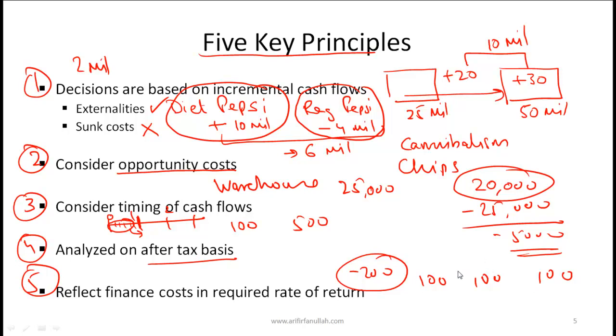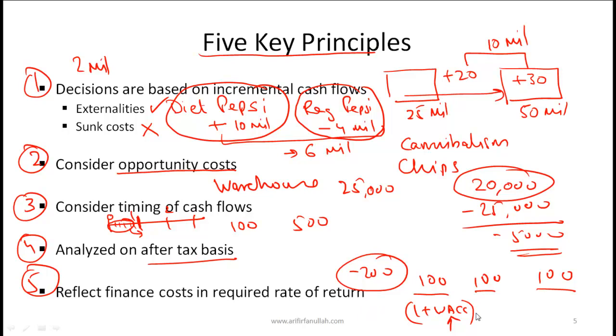The reason being that when we discount these numbers, we are discounting using weighted average cost of capital, which includes the finance costs. So if the finance costs are high, that will result in a high cost of capital and hence a low present value.